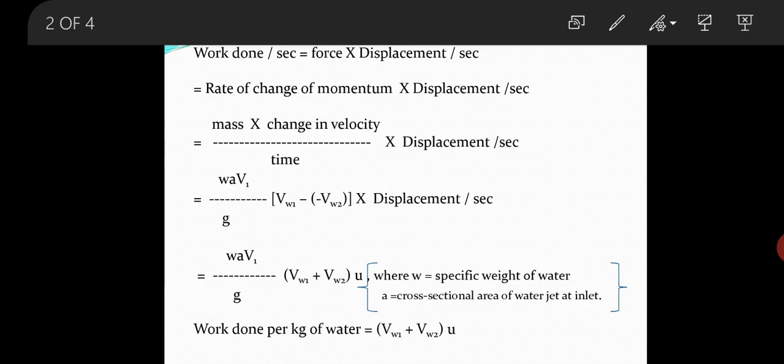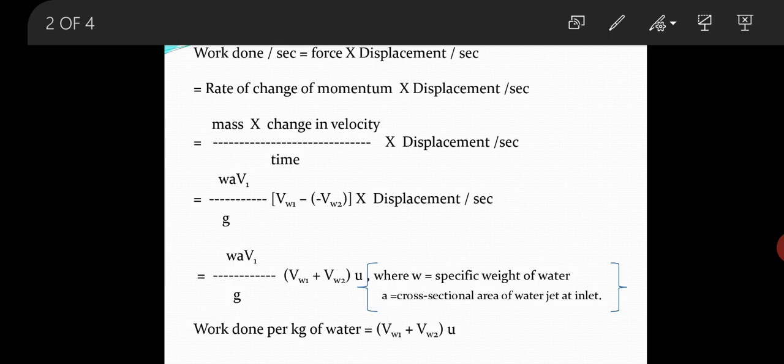So mass, we know, is equal to density into volume, because density is mass per unit volume. So how will we calculate volume? Volume is length into breadth into height.